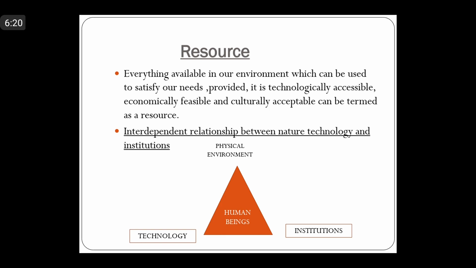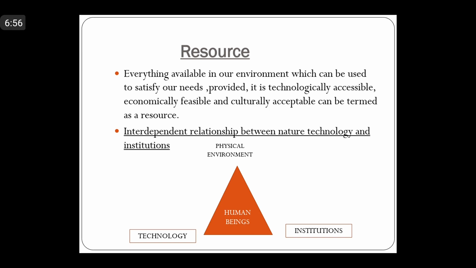Different people would buy different varieties of biscuits. It means that the variety of biscuits is available in the shop or mall, and that is acceptable to the people, culturally acceptable. It means that the people have accepted the variety of biscuits.